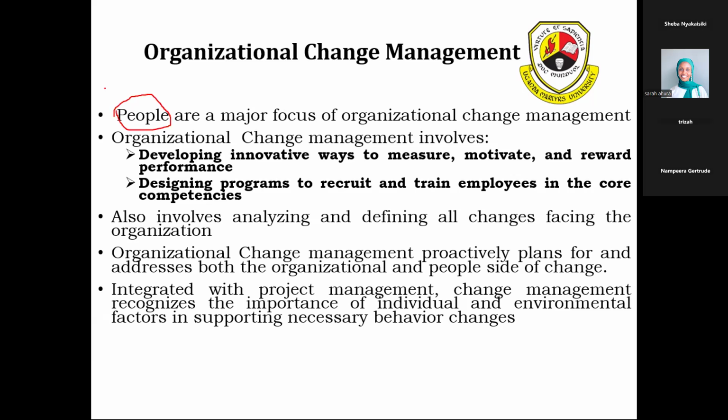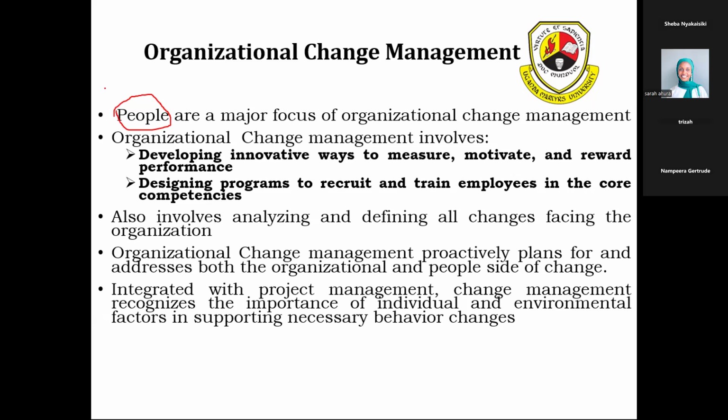Change management involves creating innovative ways so that you can measure. For example, a change is going to happen. You can make a measurement to say that we are moving from point A to point B. Who has managed to move? How can we motivate? How can we reward the one who performs better so that they encourage others?